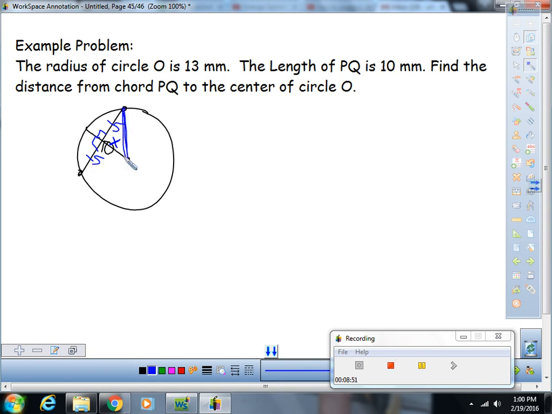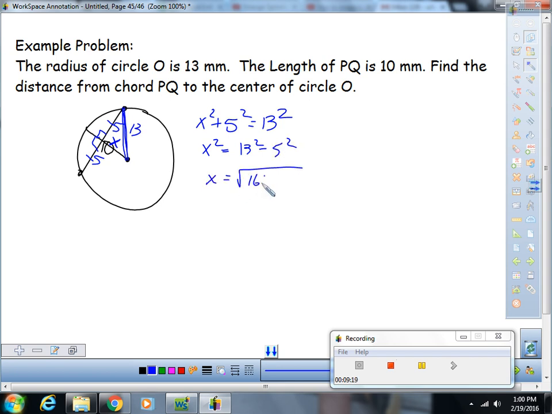And we know that this is the radius. That must be 13. So I see a right triangle here, so you've got x squared plus 5 squared equals 13 squared. So x squared equals 13 squared minus 5 squared.